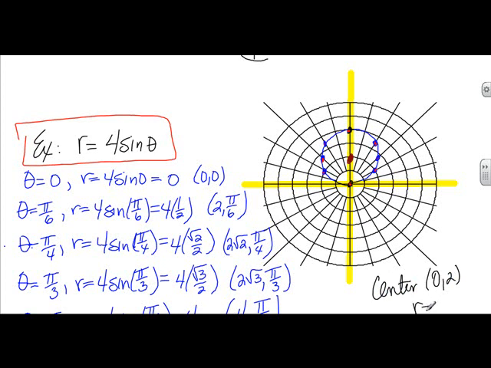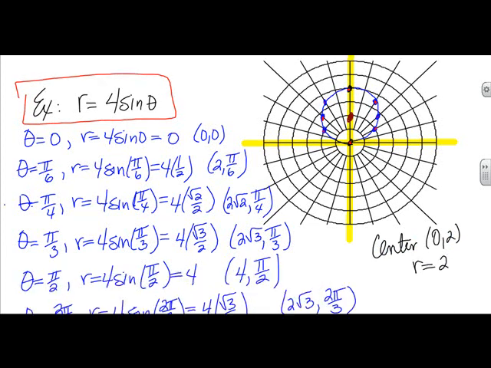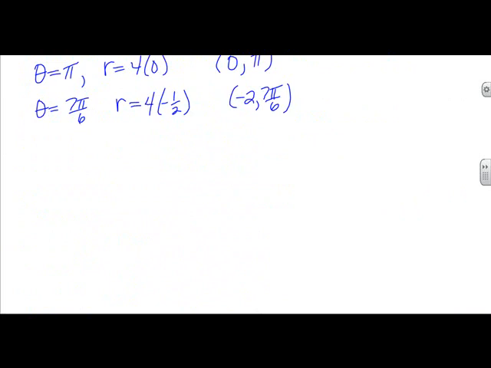Now, how can we check that out? Well, one way to do it is to convert that polar equation to a Cartesian equation. So again, we've got r and theta, and we want to find x and y. Things that we know are that r squared is the same thing as x squared plus y squared.